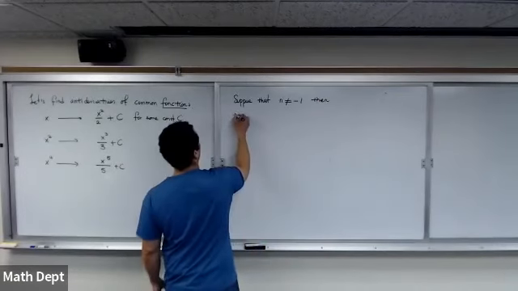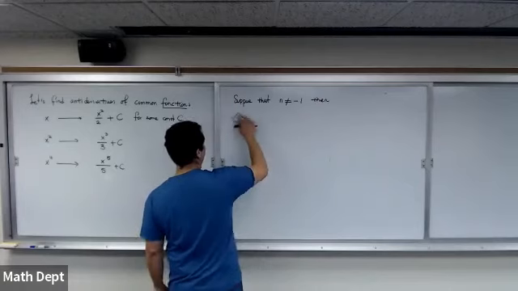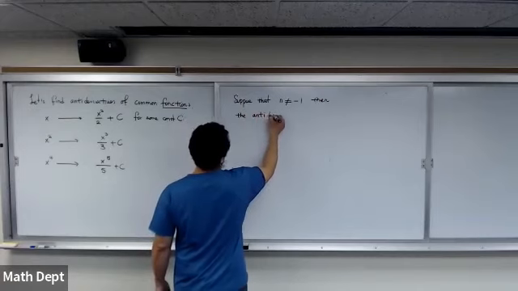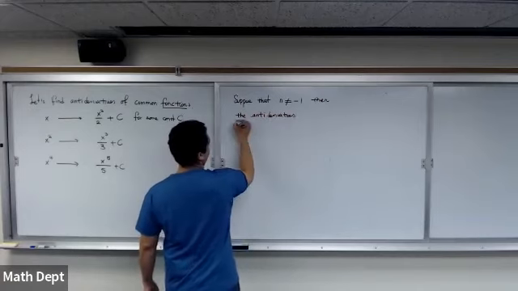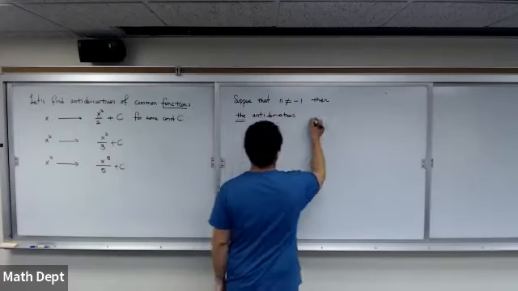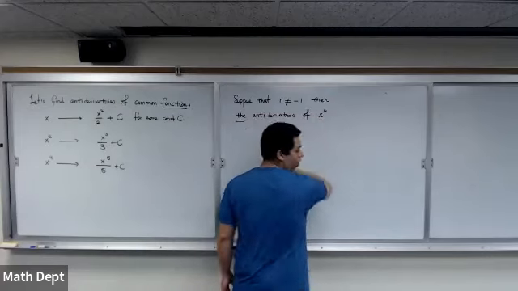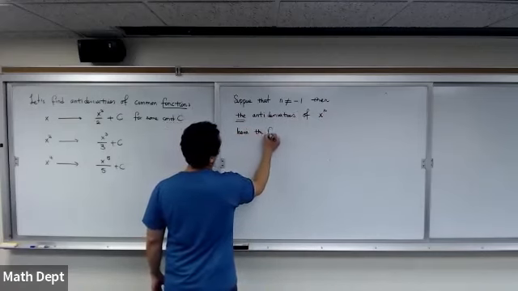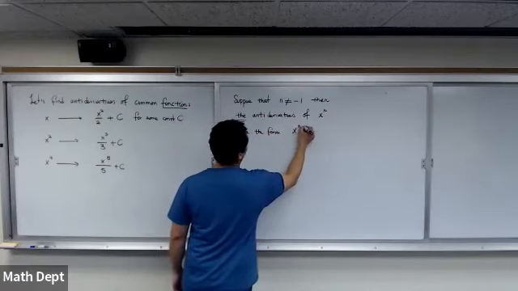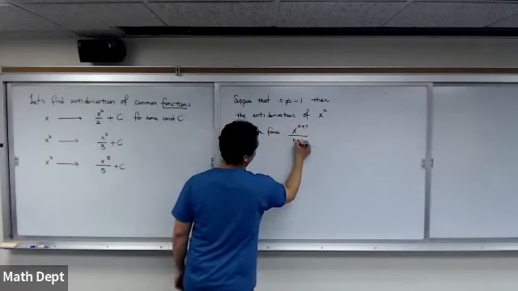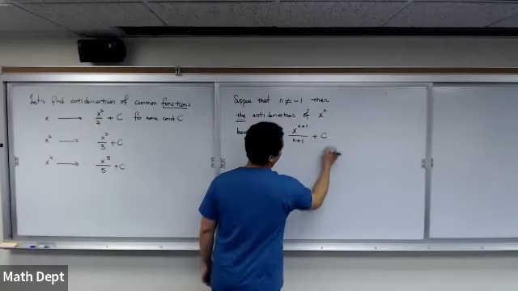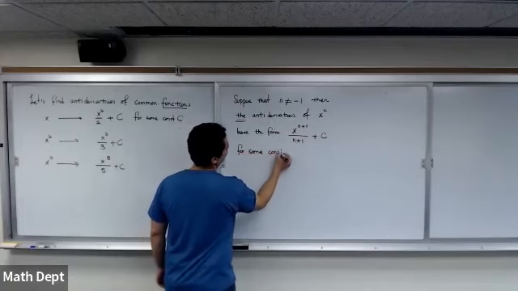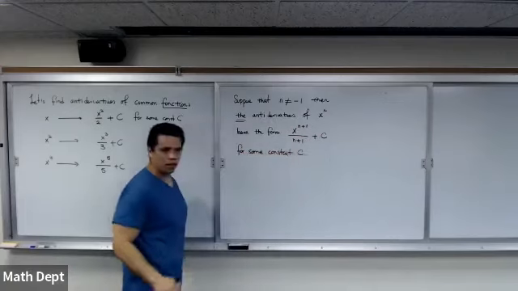Then the antiderivatives, I can say d because I'm going to collect them all, of x to the power of n have the form x to the n plus 1 over n plus 1 plus c for some constant c.